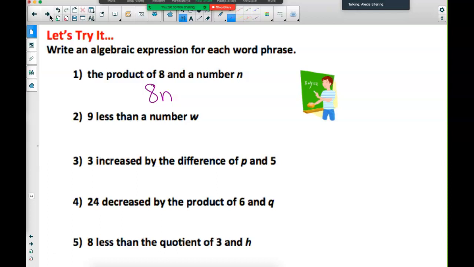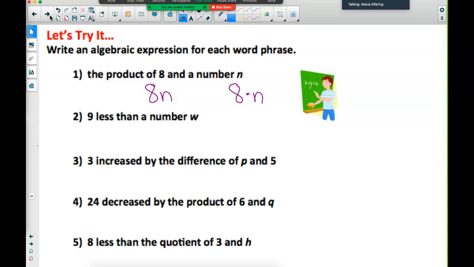Now, would it be okay to write 8 times n? Absolutely, you guys. That's totally fine. However, it's not necessary to have the dot there. If you put a letter and a number right next to each other, that means multiplying. Questions there?